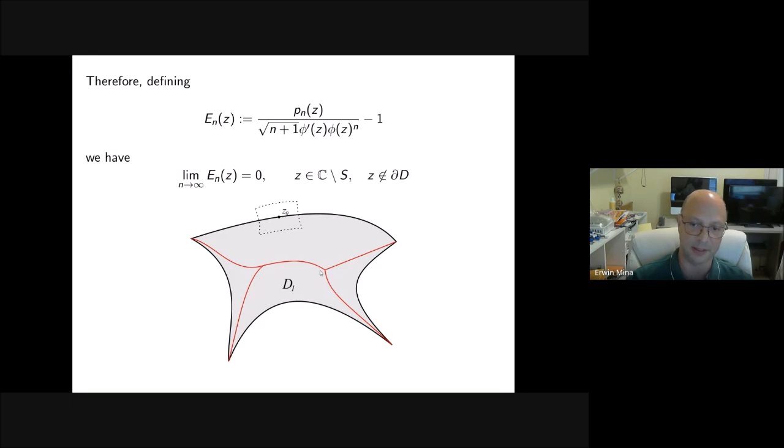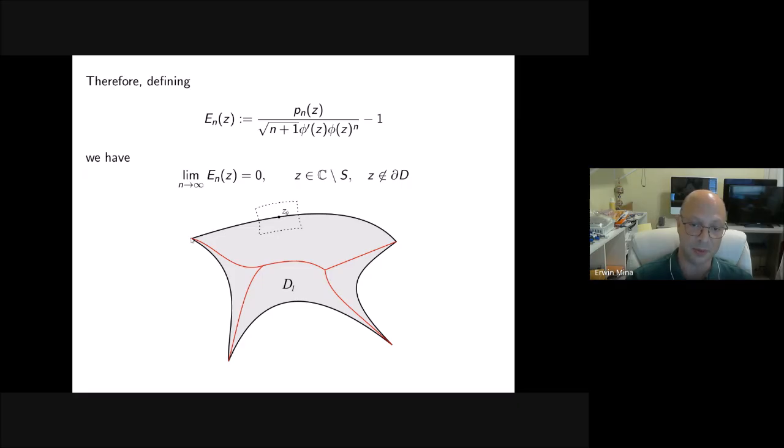So what we have proven so far is that E n goes to 0 outside that S, but away from the boundary. So we had it outside of the boundary. Now we have it inside of the boundary, but not on S.